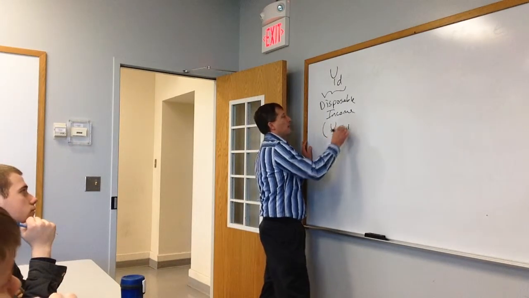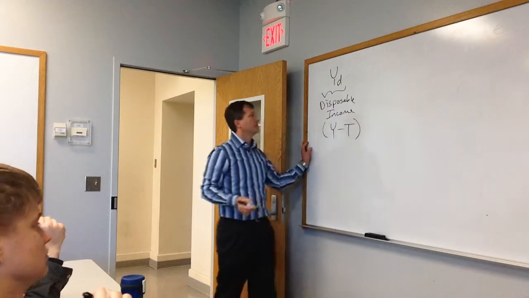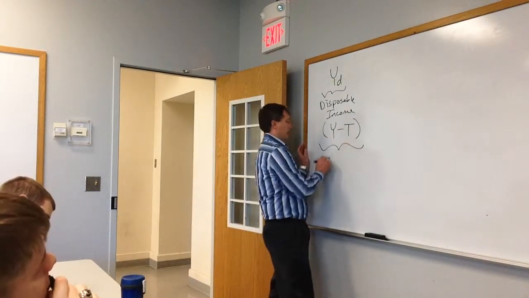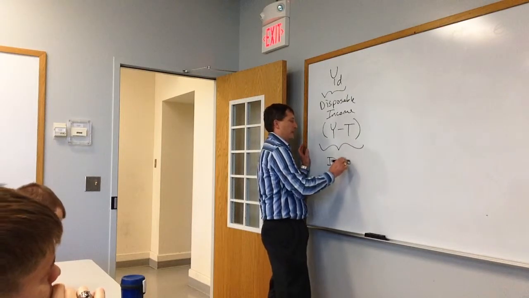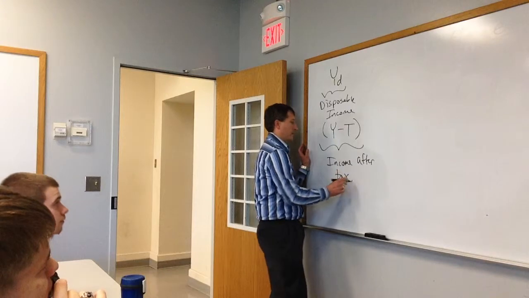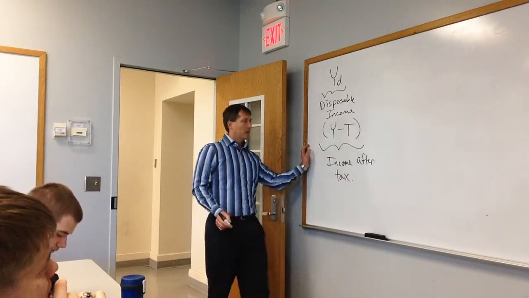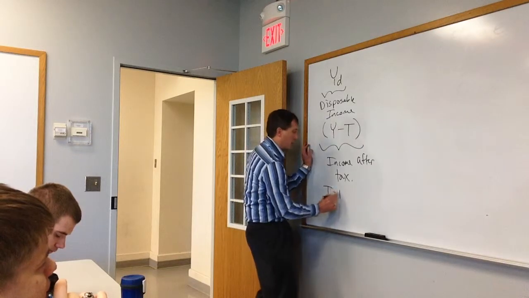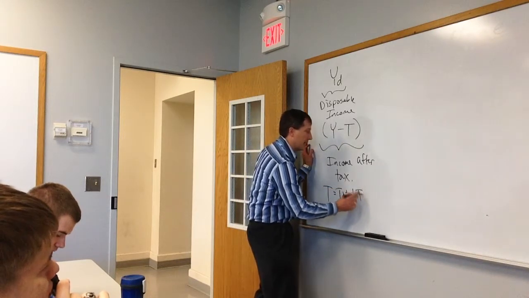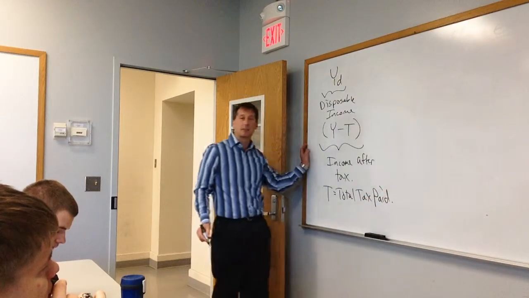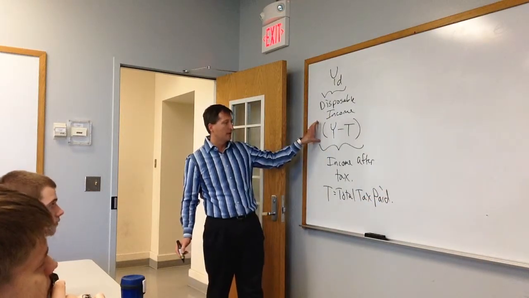So Y minus T. Disposable income is income after tax. So T, big T here, equals the total tax paid. And in this case, it's income tax, by the way, but that's all right.